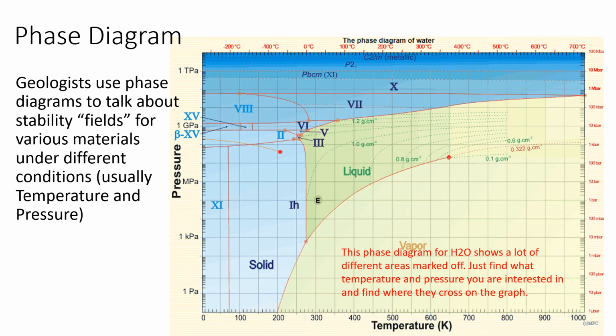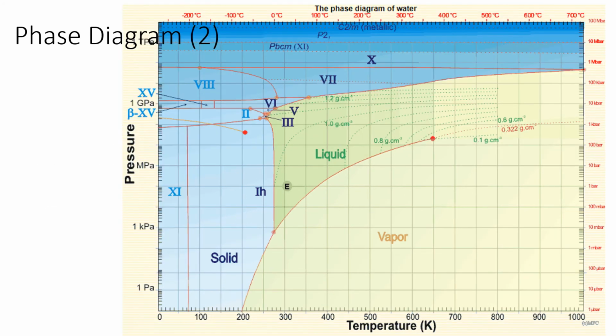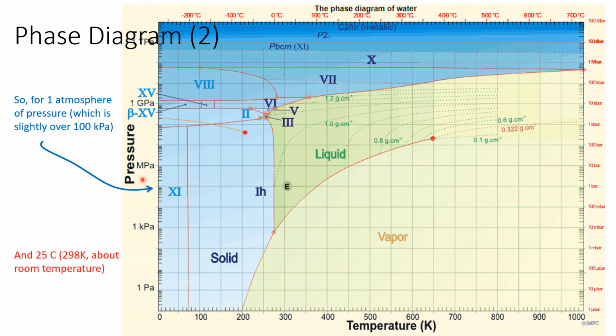So how to read one of these diagrams. The way it works is you think about the pressure. We'll start from 1 atmosphere, which is about 100,000 pascals of pressure over here, and you intersect that with your temperature.